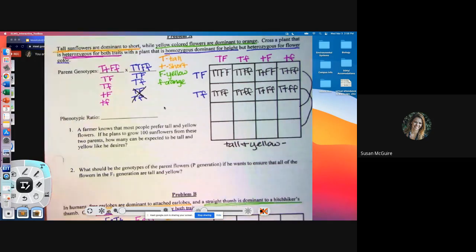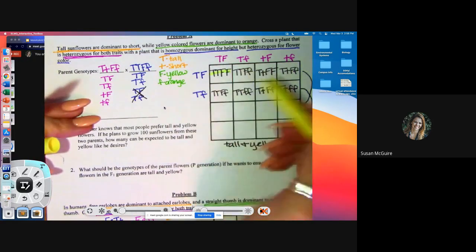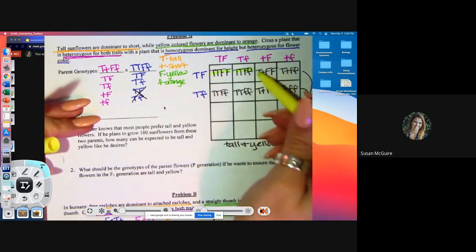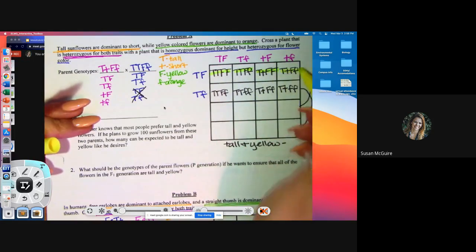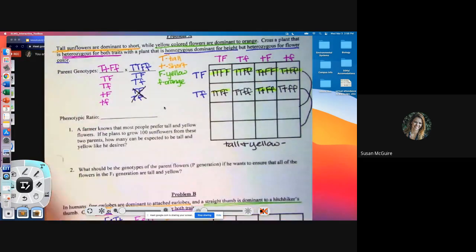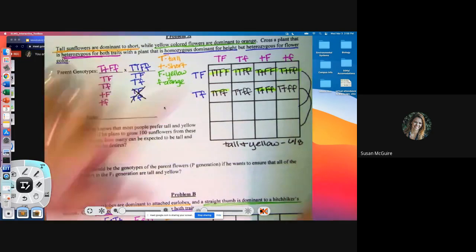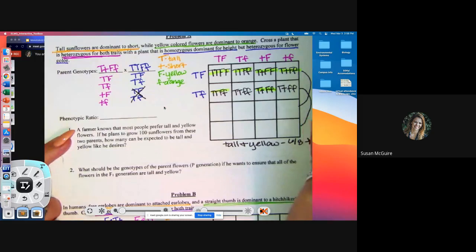And how many of those do we have? So anything with at least one big T or one big F, we have 1, 2, 3, 4, 5, 6. So we have 6 out of 8, which reduces to 3 out of 4.